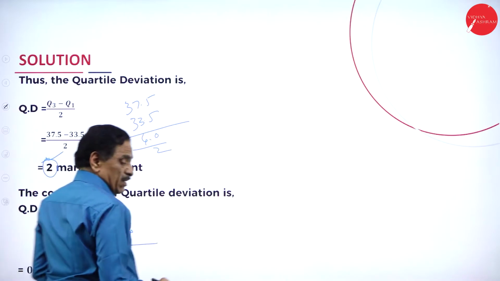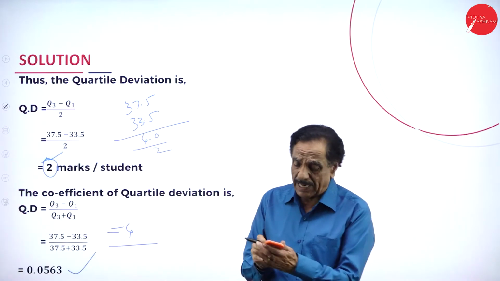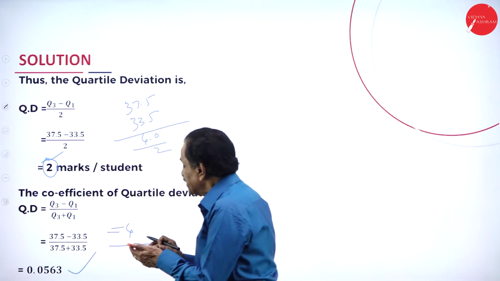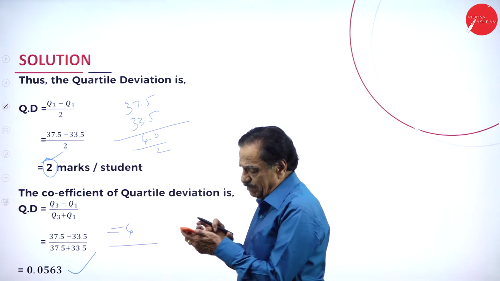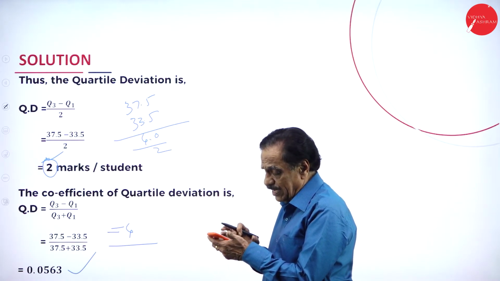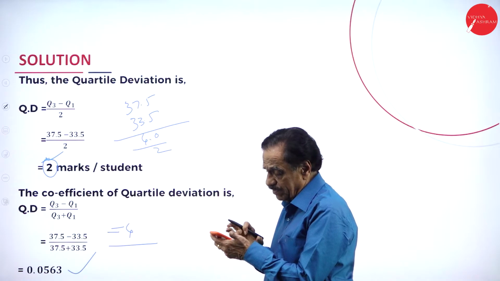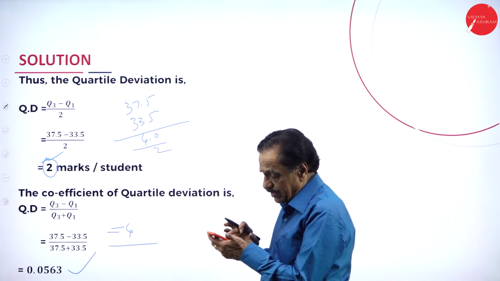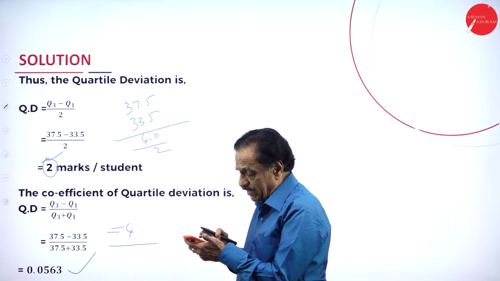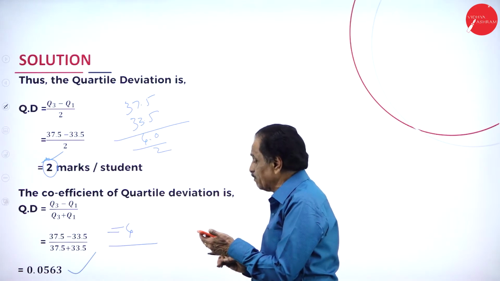Then you add the figures with the calculator: 37.5 plus 33.5 is equal to 71.